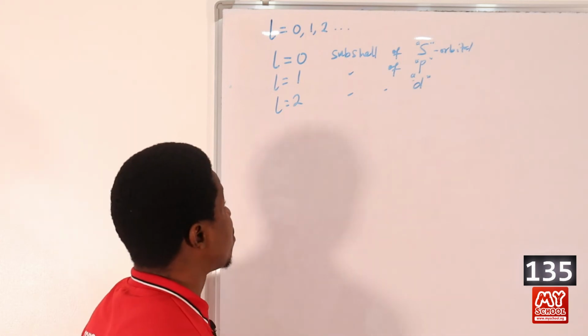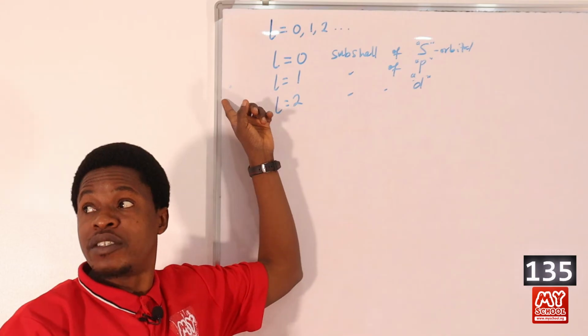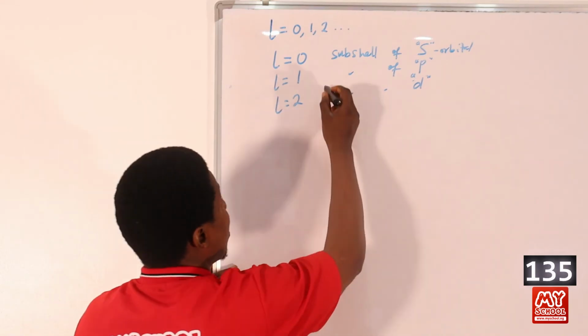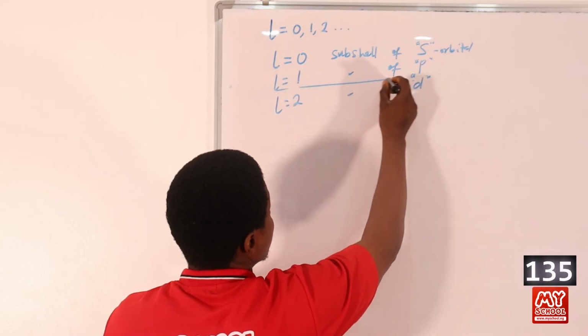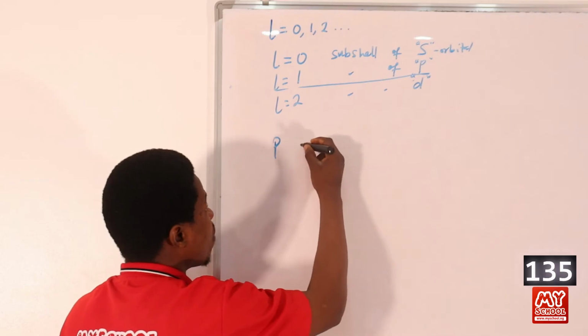Now, the question says that when the subsidiary quantum number equals 1, what is the shape of the orbital? When L equals 1, that is the P orbital. So it falls in the P subshell.